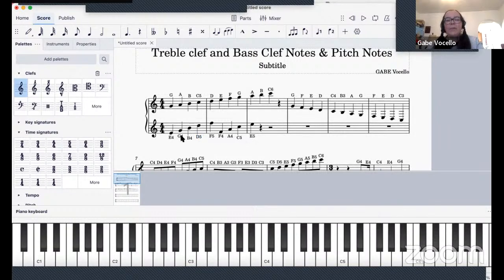The name of the lines, the name of the spaces. Okay, here are the lines.